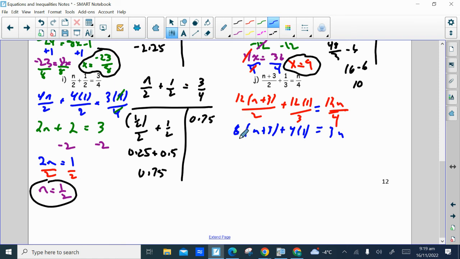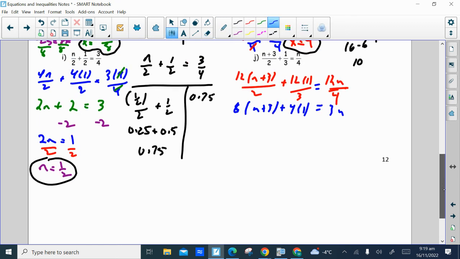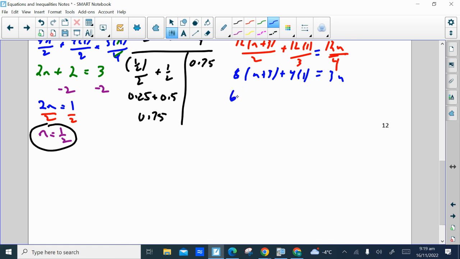So I'm going to multiply out the brackets here. 6 times n is 6n plus 6 times 3 is 18 plus 4 times 1 is 4 equals 3n. So on the left, 18 and 4 is 22.